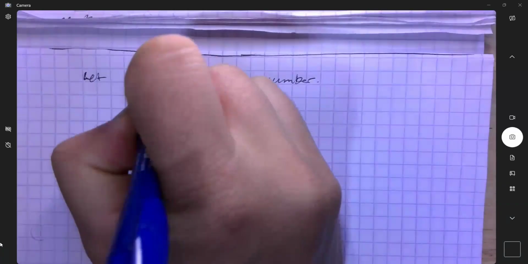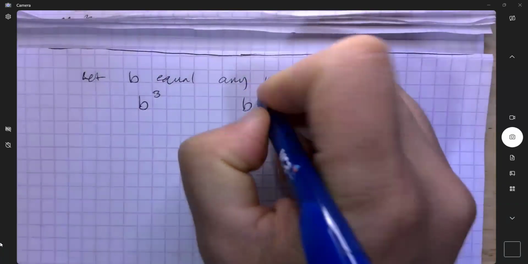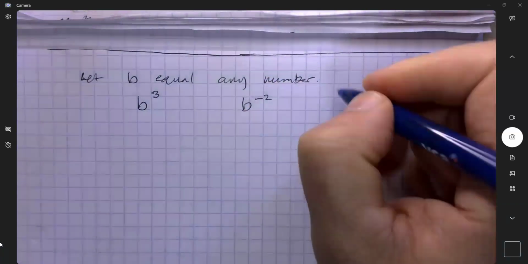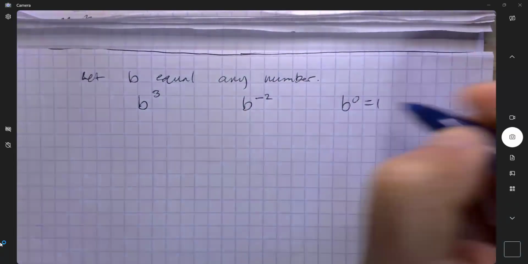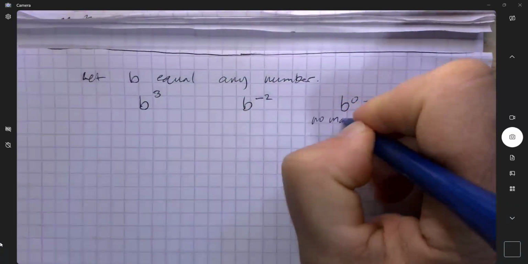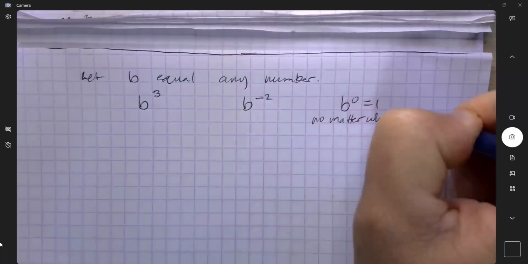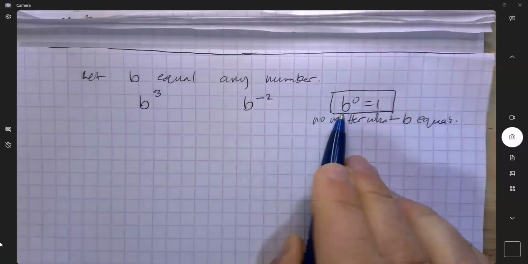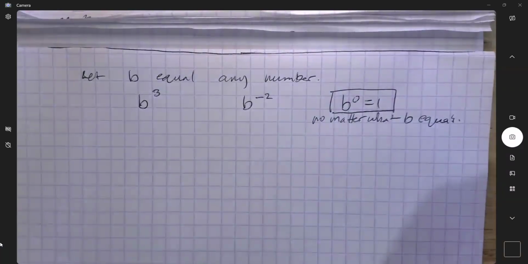We've talked about raising B to positive powers like B cubed. We've talked about raising B to negative powers like B to the minus 2. Because of the way this works, B to the 0 will always equal 1 no matter what B is. So that's just a rule to keep in mind. Any base raised to the 0 power is always equal to 1.